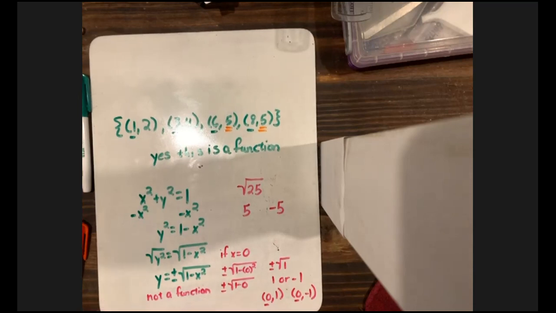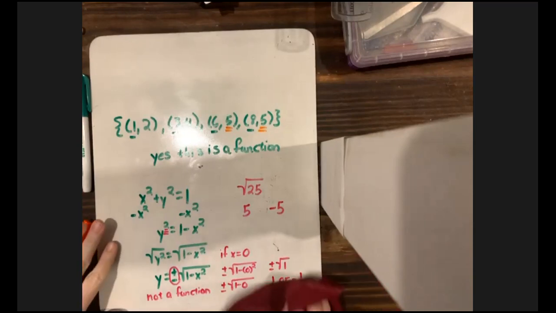Now, the helpful thing to know is that the reason this was not a function is because of this plus or minus right here. The reason it came in was because I had to get rid of this squared value right up here. So the big red flag is, if you see y squared in an equation, it's probably not going to be a function.